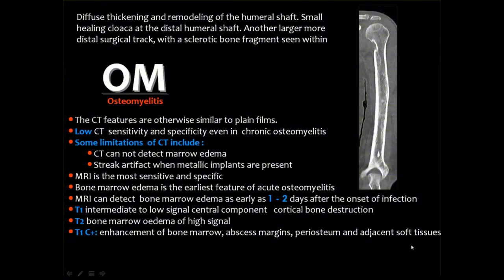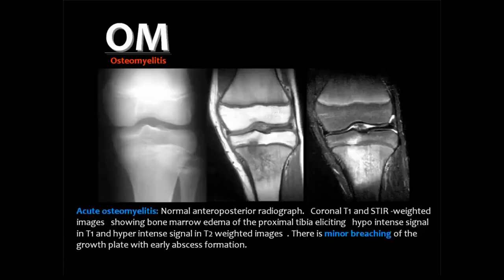The bone marrow edema, as you all know, is of low signal in the T1 and high signal in the T2, and if you inject contrast, the bone marrow edema will enhance. And you remember my words that I always repeat: bone marrow edema of whatever etiology, either traumatic, inflammatory, degenerative, neoplastic, if you give contrast material, bone marrow edema will enhance of whatever etiology.